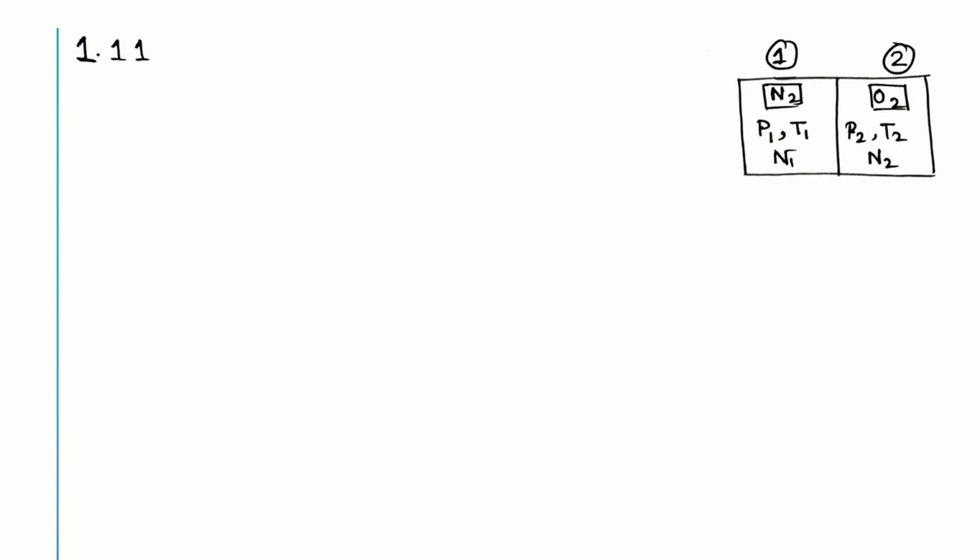So now think there are two chambers, one is a nitrogen chamber and one is an oxygen chamber, and now we are mixing the gases. The pressure and temperature are given, and N1, N2, I mean the number of molecules for nitrogen and oxygen, are also given here.